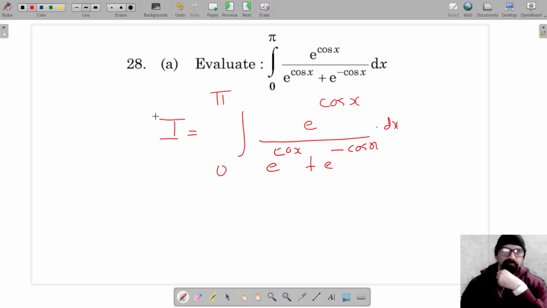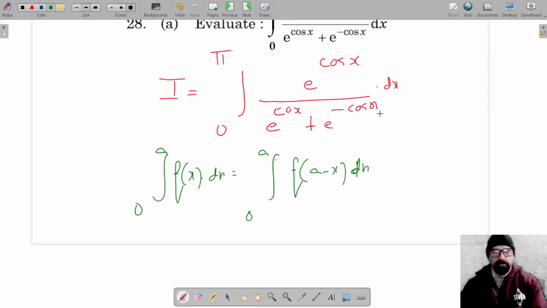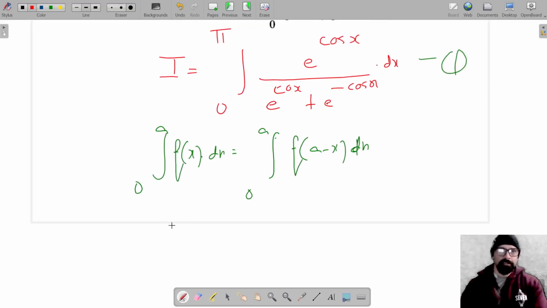Okay, so we are going to use this property here because it's a definite integral: integral 0 to a f of x dx is equal to integral 0 to a f of a minus x dx. This will be equation 1, and using this property gives us I is equal to integral 0 to pi.